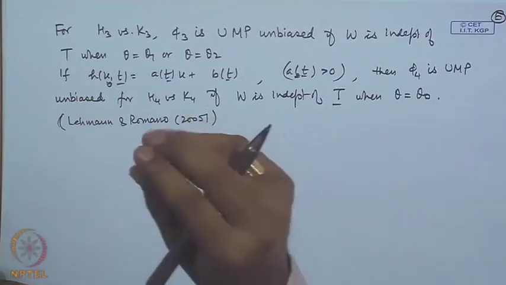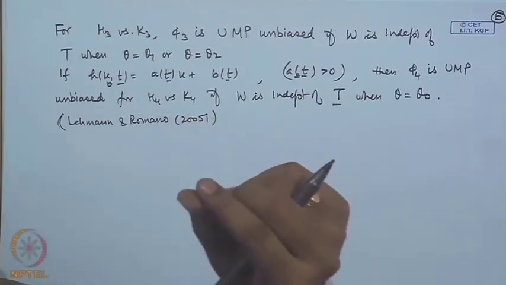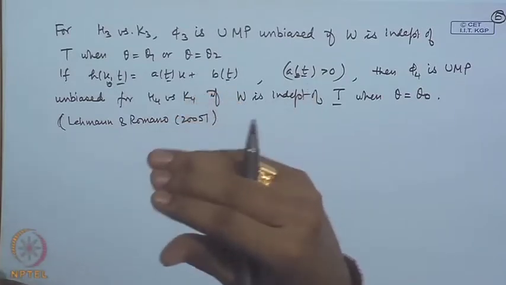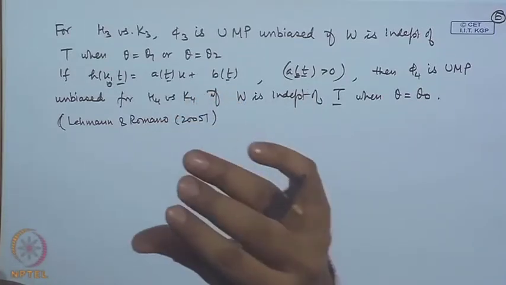Now, in order to have the independence of W and T, we will usually require certain results which we can use for independence. Remember here either U or T is sufficient. In fact, in the full version, U and T are complete and sufficient.